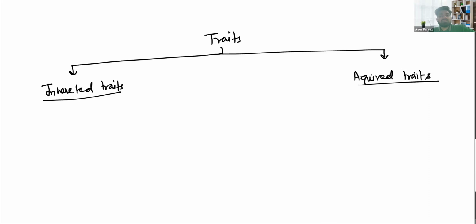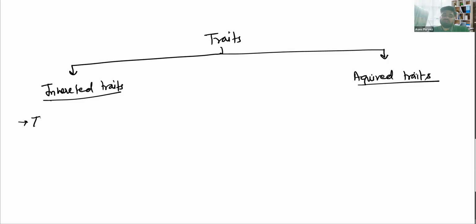And inherited traits are those traits that are inherited from our parents, that are transferable from one generation to another generation. The changes that a person gets from their parents, we call them inherited traits.